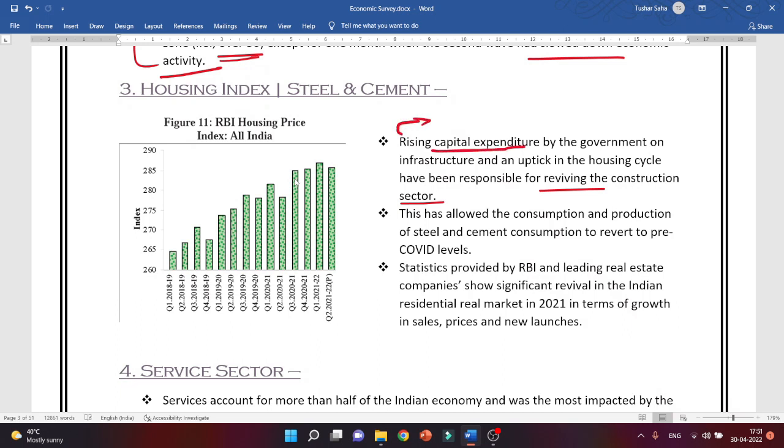First of all, the highway projects were in full swing, right? From MoRTH, the Ministry of Road Transport and Highways, plus MGNREGA, because MGNREGA also tends to create capital assets. So all those things combined revived the economy.